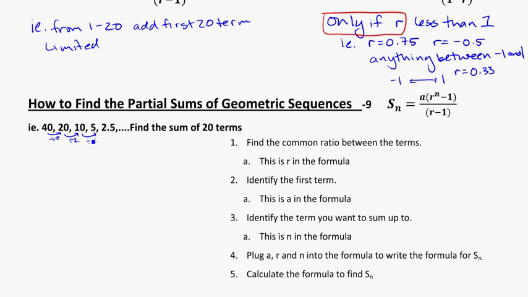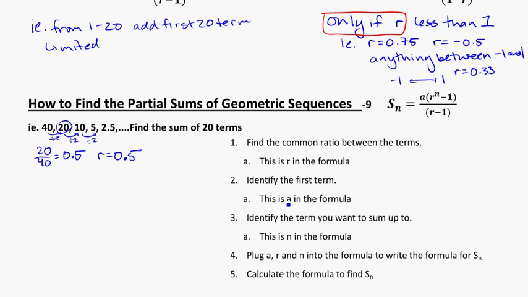I need to figure out what I'm multiplying by. So I'm going to use that trick of taking the second term and dividing it by the first. 20 divided by 40 equals 0.5, or 1/2. Again, because dividing by 2 and multiplying by half are the same thing. So r is going to equal 0.5.